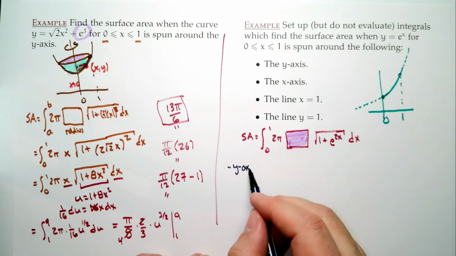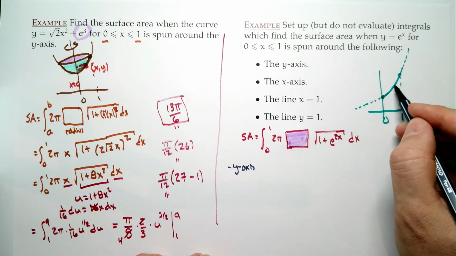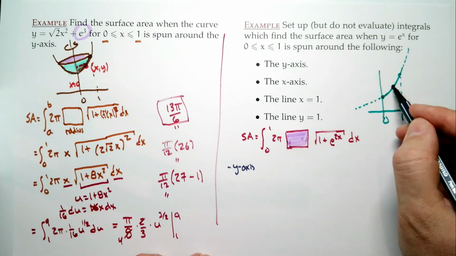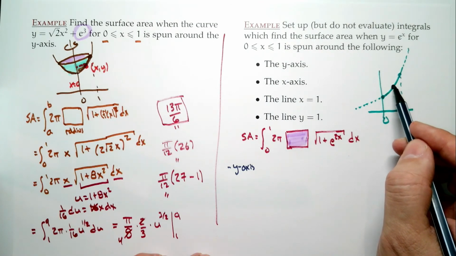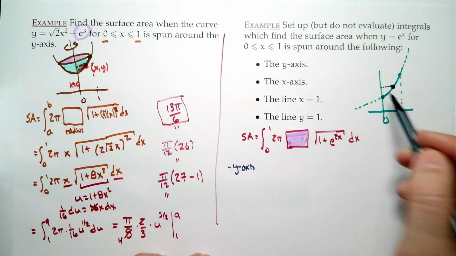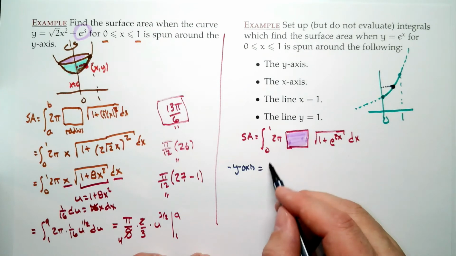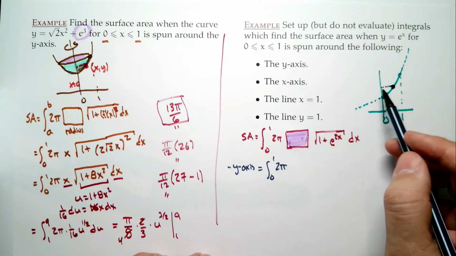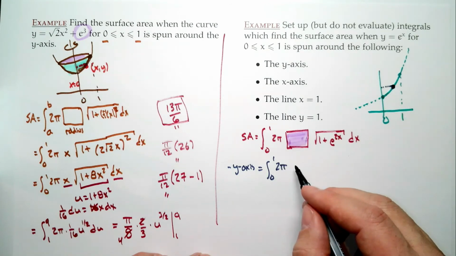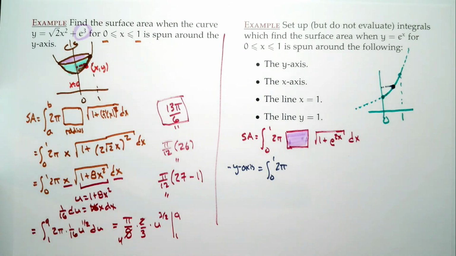Let's do the y-axis. Again, I always think of it as just this little tiny piece I'm spinning. If I want to get to the y-axis, how far is the y-axis? It's x. The answer to how far the y-axis is has a small bit of dependence on how we're integrating.